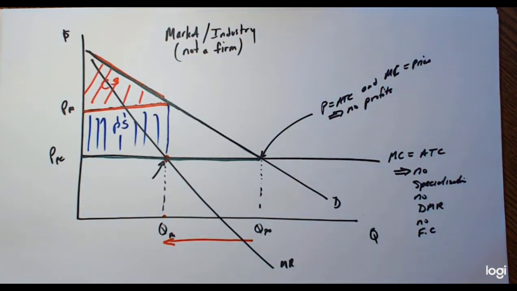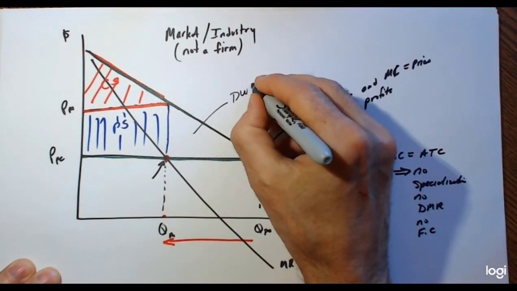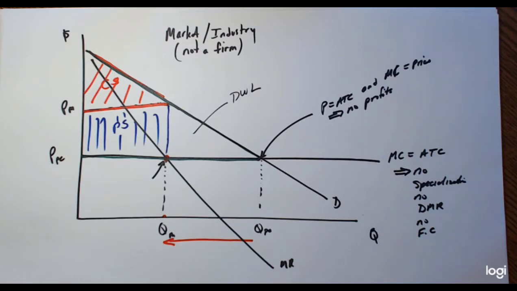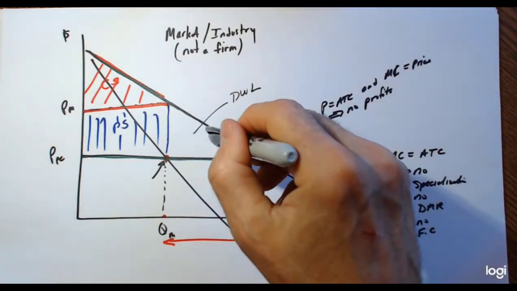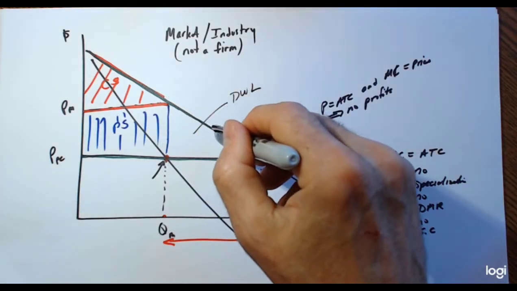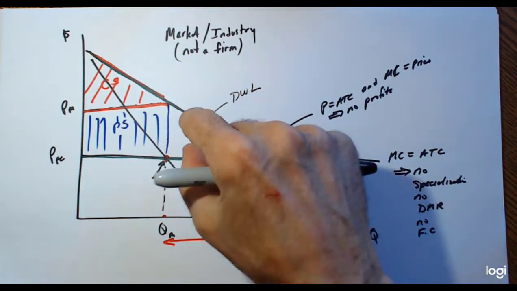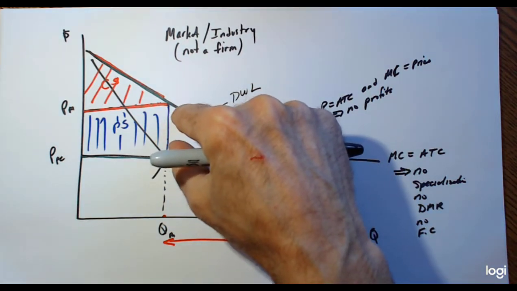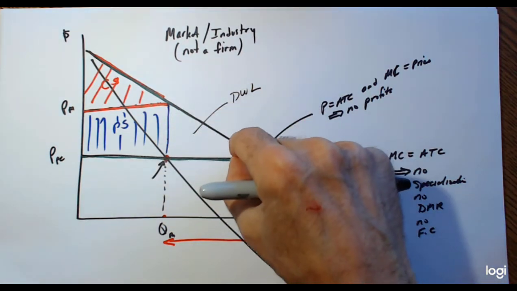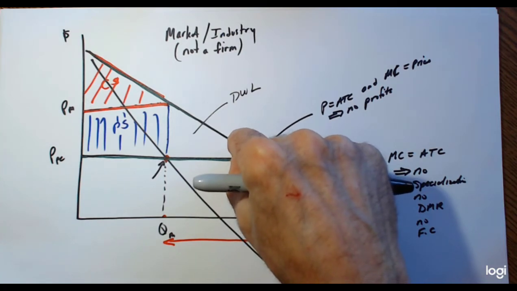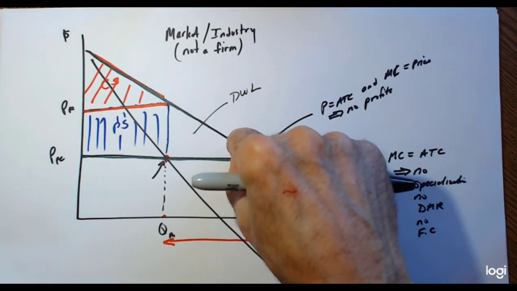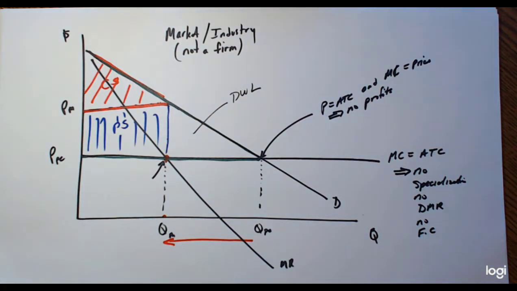So this is producer surplus here. And what we see is we end up with a deadweight loss with a monopoly. These are transactions that never happen. Under perfect competition, these would be beneficial transactions, and these are all lost. And so this is welfare, or society's benefit, that's lost from having a monopoly.